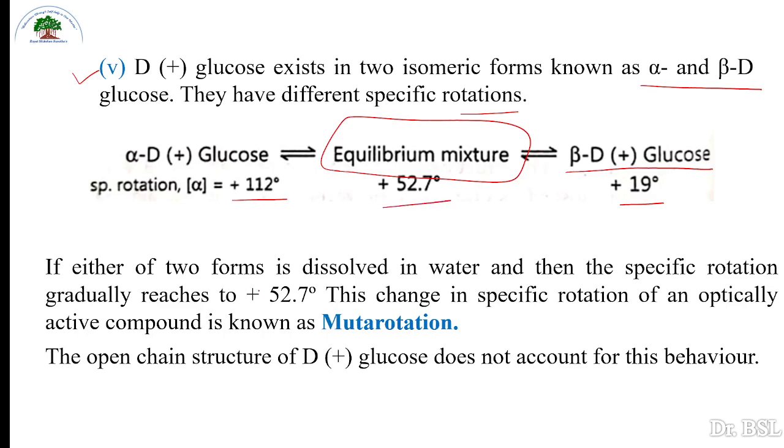If either of the two forms is dissolved in water, the specific rotation gradually reaches 52.7 degrees. This change in specific rotation of an optically active compound is known as mutarotation.